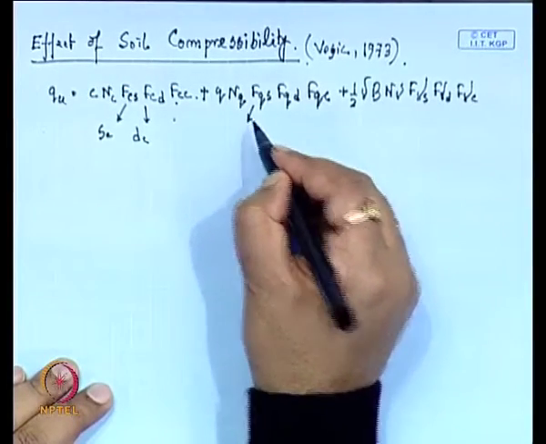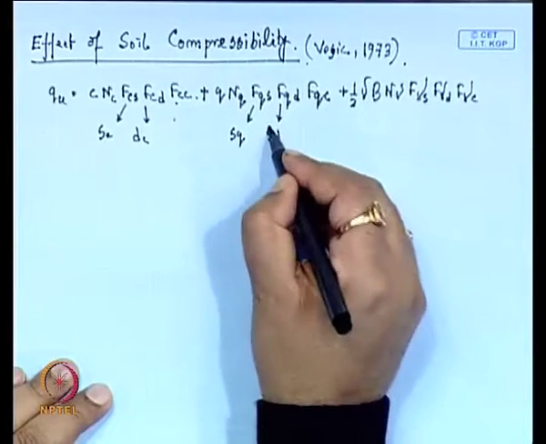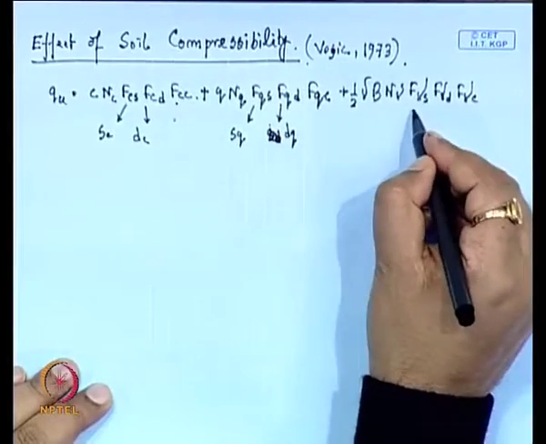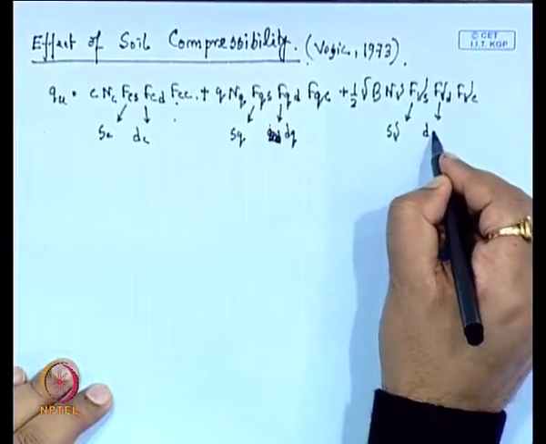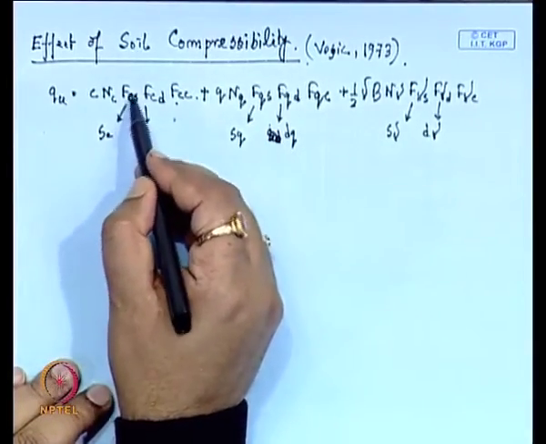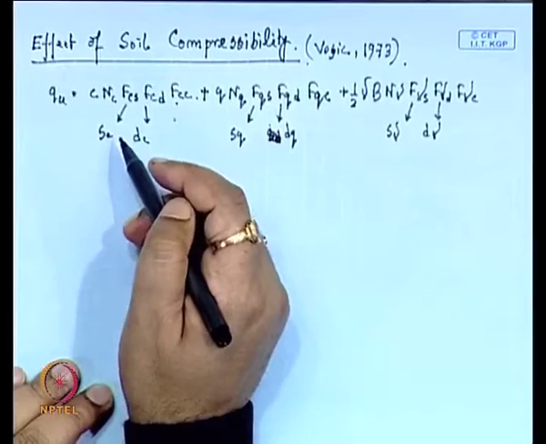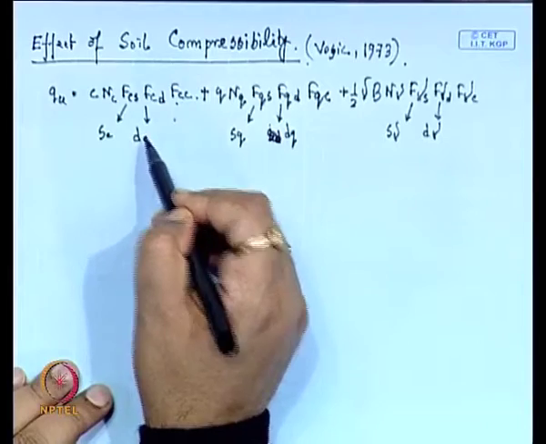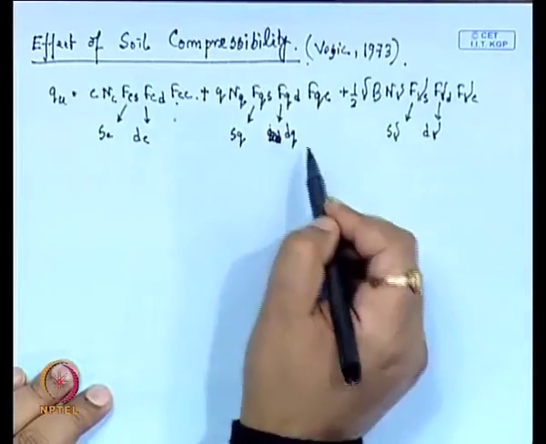Similarly, here this is Sq, this is Dq, and this one is S gamma and this one is D gamma. So, here I am using Fcs, which is basically Sc that was used in the previous expressions, and this is Fcd, actually this is Dc. Similarly, this is S gamma, D gamma, Sq and Dq.